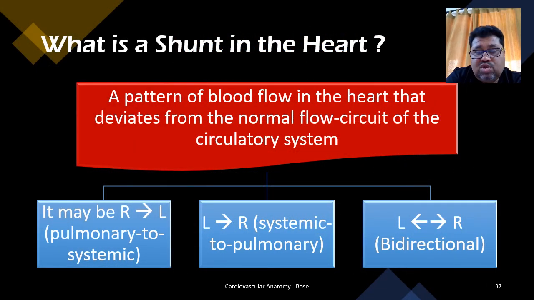I would like to close this presentation with a discussion on a terminology called the shunt. You just reviewed the normal schematic of circulation in the heart. The normal blood flow in the body can be stated to be from the arterial side to the venous side. That is the usual course of blood flow.